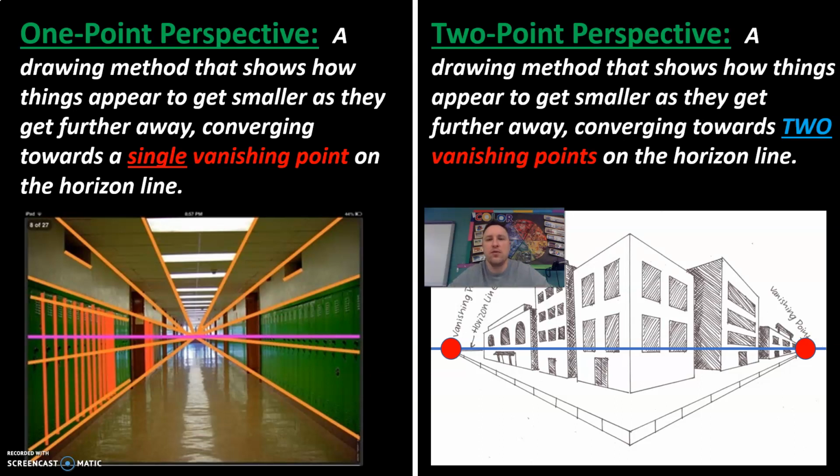So the follow-up question for today's entrance ticket is, how do artists depict their surroundings accurately? And the answer to that is that they need to show their art how it exists in reality. So basically, they would draw their spaces to get smaller as they go backwards and get larger as they get closest up to us, which breaks away from drawing like a flat, two-dimensional artwork.